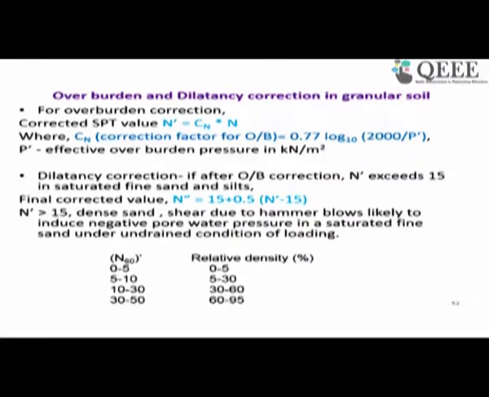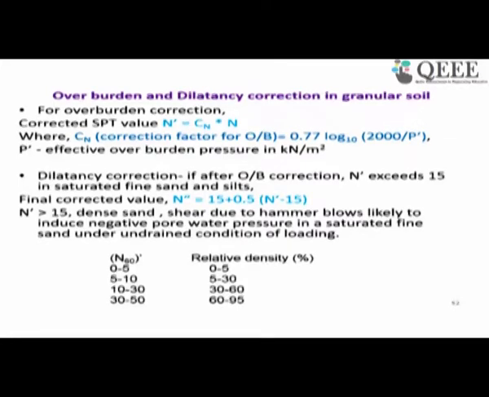For dilatancy correction, if N dash exceeds 15 in saturated fine sand and silts, we have to go for dilatancy correction. So the final correction, N double dash, will become 15 plus 0.5 times (N dash minus 15), which is shown here.